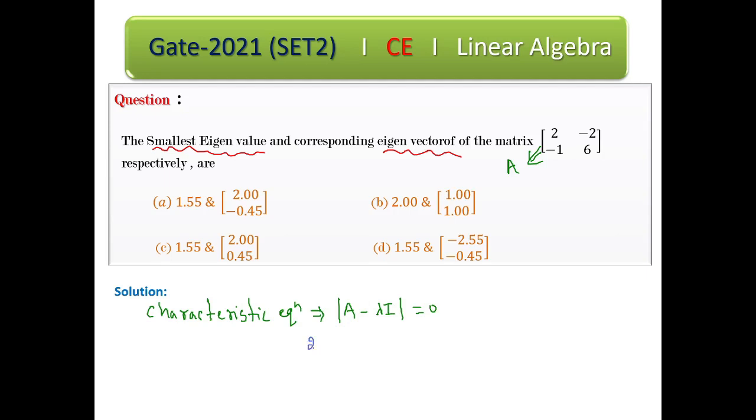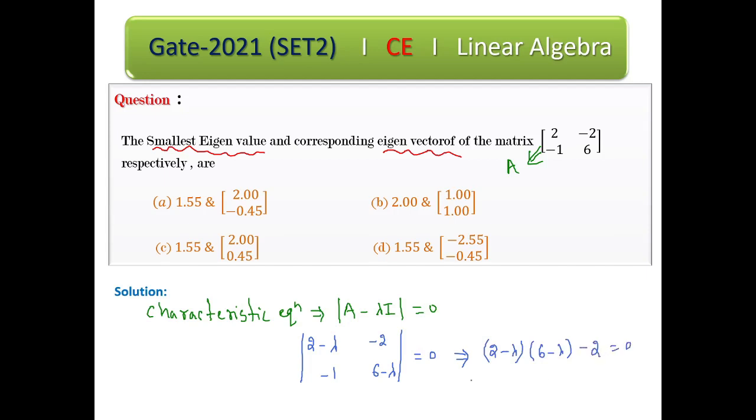So we get the matrix A minus lambda I: 2 minus lambda, minus 2, minus 1, and 6 minus lambda. The determinant of this is equal to 0. That means (2 minus lambda) into (6 minus lambda) minus 2 is equal to 0.